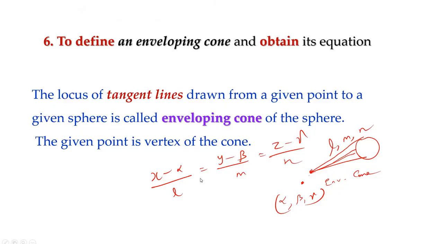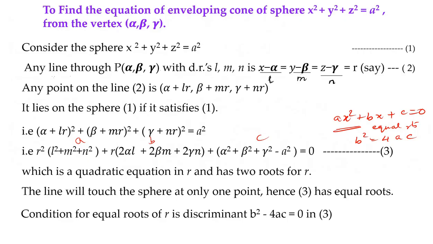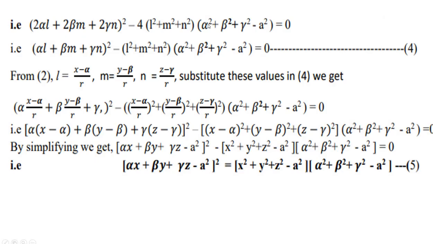So b square is 2 alpha l plus 2 beta m plus 2 gamma n the whole square, minus 4 into ac. A is this, c is this. So you have this. Now we can cancel out a 4, taking this 2 square out.